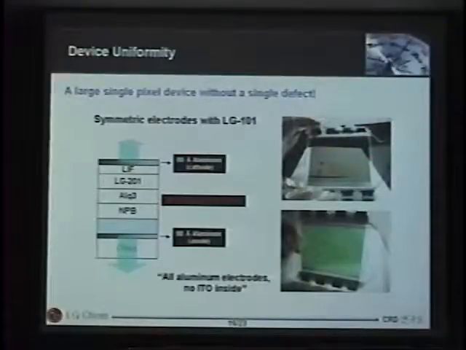Otherwise, it cannot generate light. But before we apply voltage, you can see the name card across this device. This is semi-transparent, since we use just 80 angstrom thickness of aluminum anode and cathode. But when you apply voltage, you can see the light coming out very uniformly through all these 7 by 8 square centimeter OLED devices. Next.